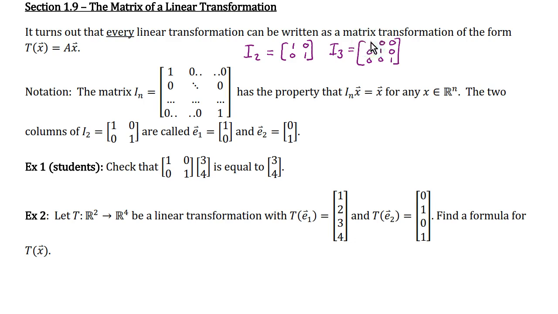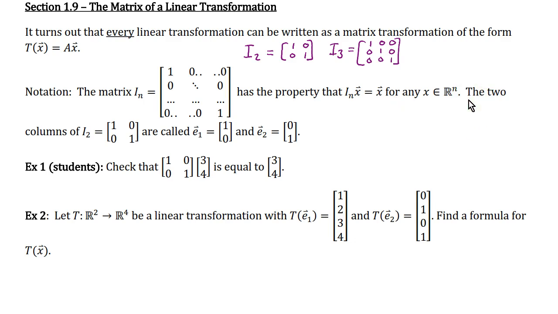Here I3 has ones along that main diagonal and zeros everywhere else. I just realized we haven't actually defined what the main diagonal is, but hopefully you get the idea. So that has the property that that matrix times x just equals itself. It doesn't change things. And we did an example of that in the 1.8 notes that you can check out.